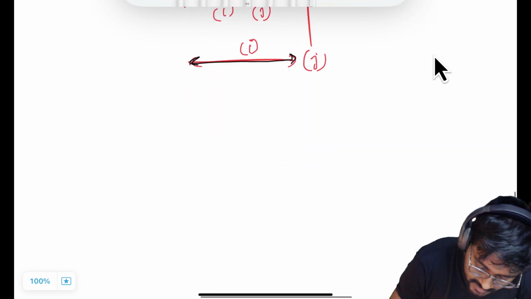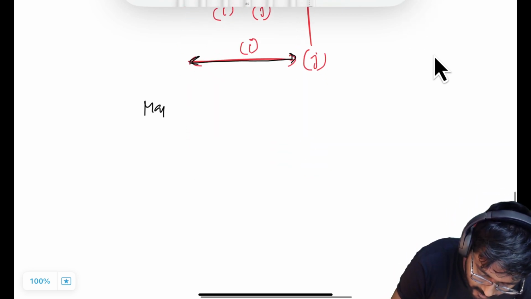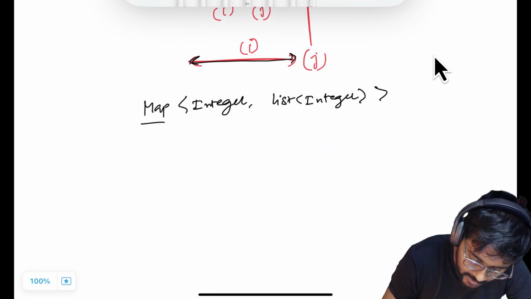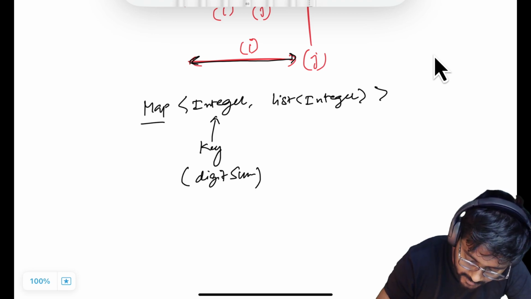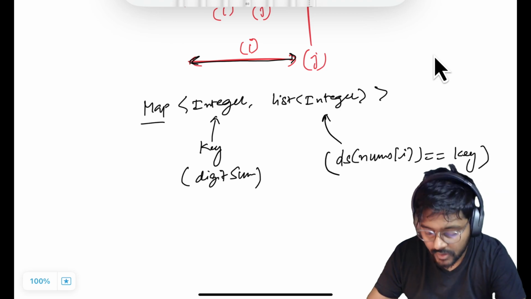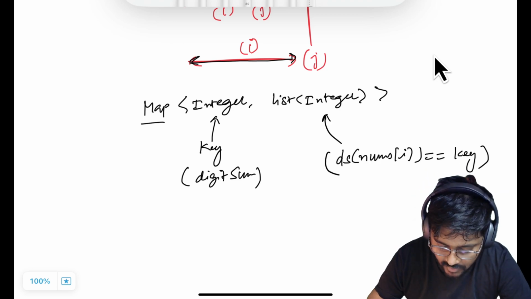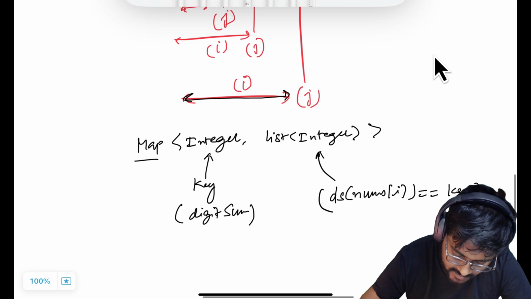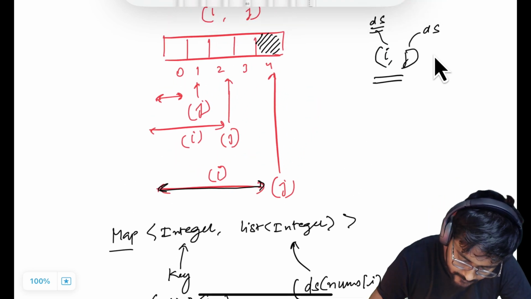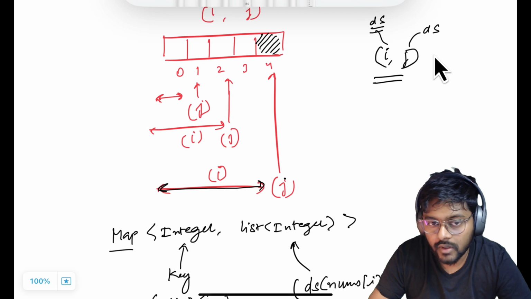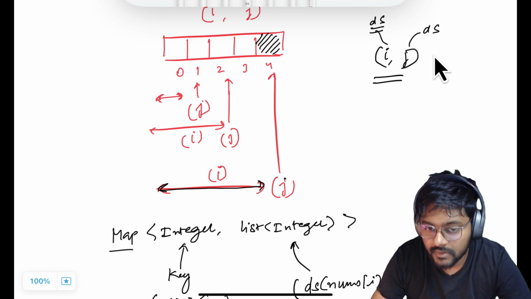For that, I can utilize a data structure which is called map. In the map, I can keep my key as digit sum. And what is the value? All the numbers where the digit sum is equal to this integer. So if I utilize this kind of map data structure, when I'm at j, I will directly get to know what are all the values which are going to form a pair with j.